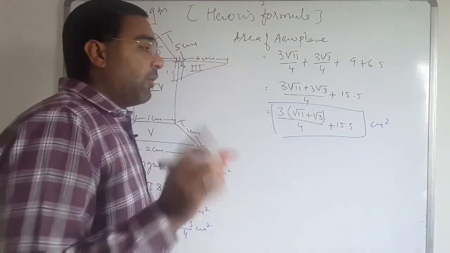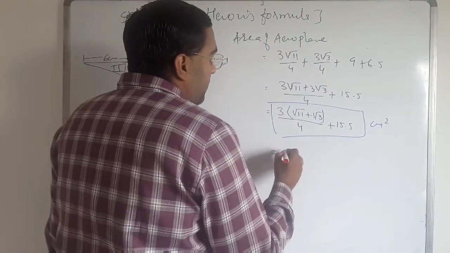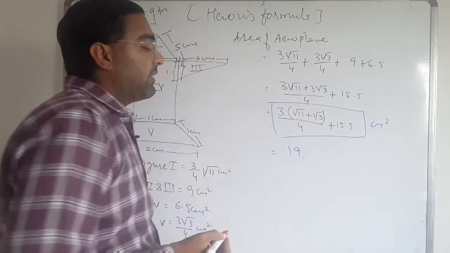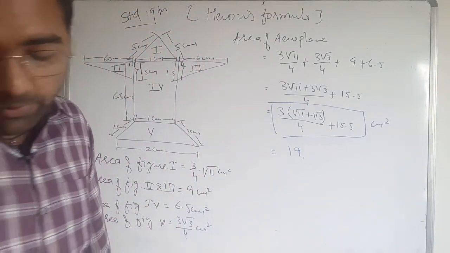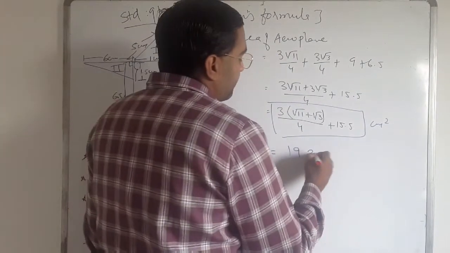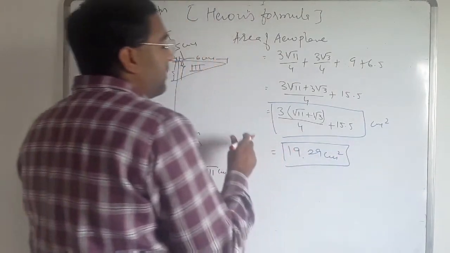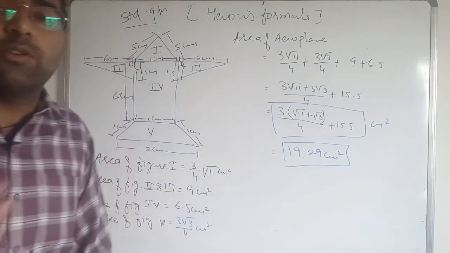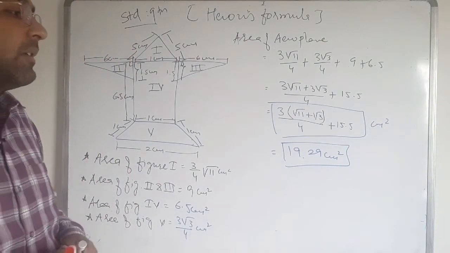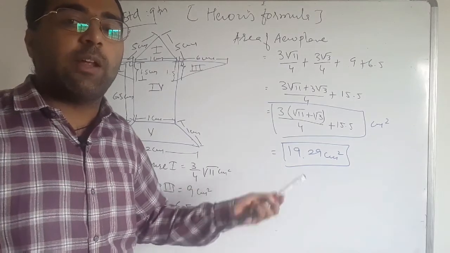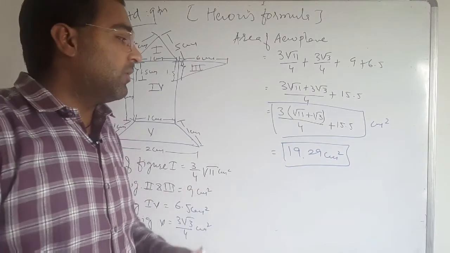But if you want to calculate further, you can also write the approximate value, 19.29 centimeter square. If you write this value, your answer will also be correct. This is the approximate value, 19.29.